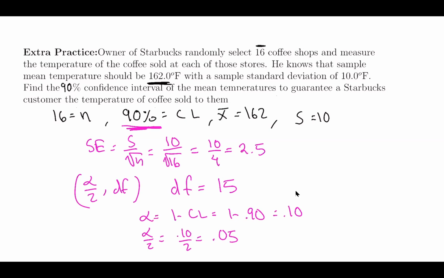The alpha divided by 2 changes with the confidence level, but once you know it, it's always that value. If it's 95%, it will always be 0.025. If it's 90%, it will always be 0.05. Any question on how I got alpha divided by 2?